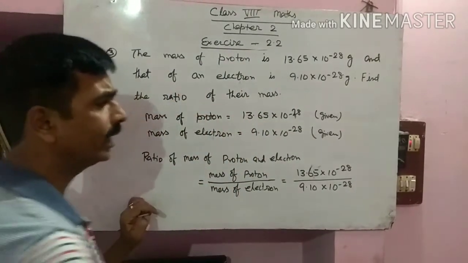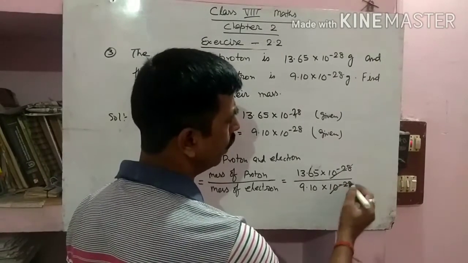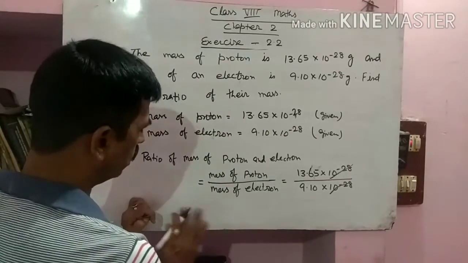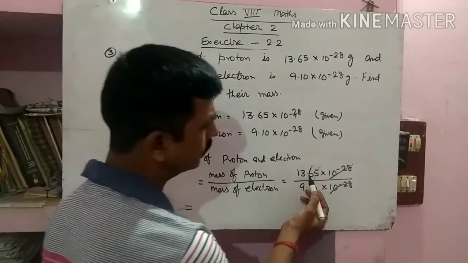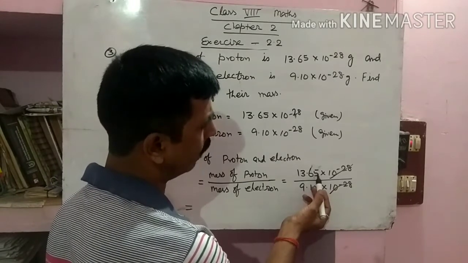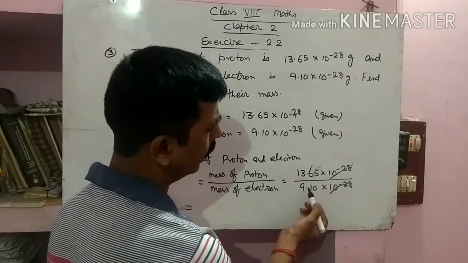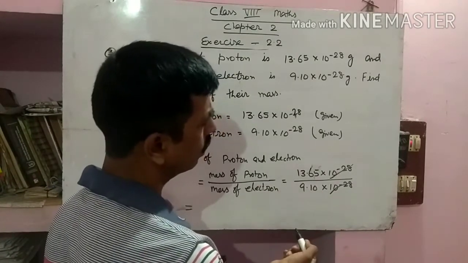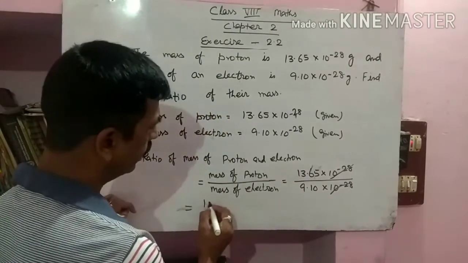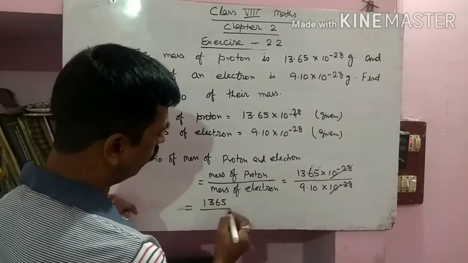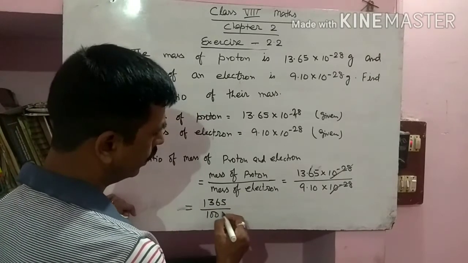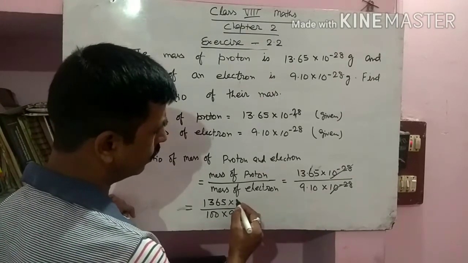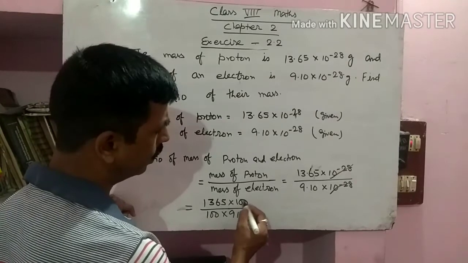In that case both have the same power, so you can cancel these two. In the next line you can write that, or if you understood then you can cancel directly by seeing there are 2 digits after the decimal in the numerator and 2 digits after the decimal in the denominator also. If you want to write it properly, you can write 1365 divided by 100 into 910, and for removing this decimal it will be 1, and there are 2 digits, so it will be 100.